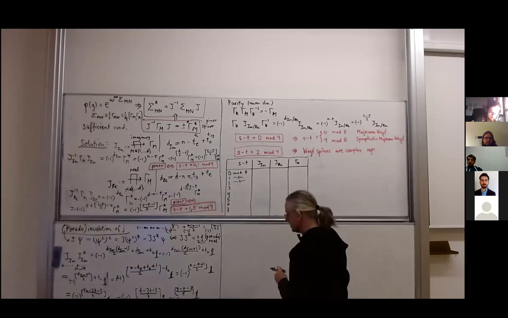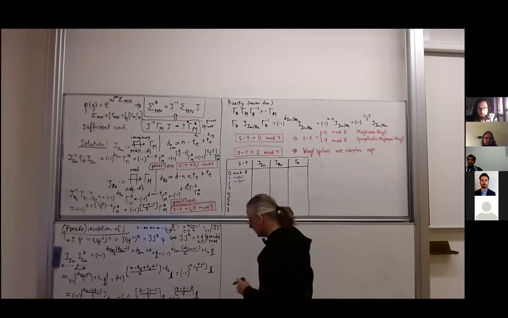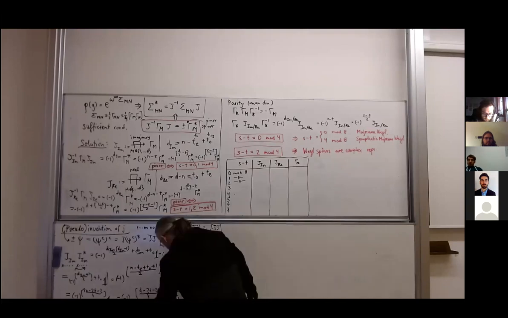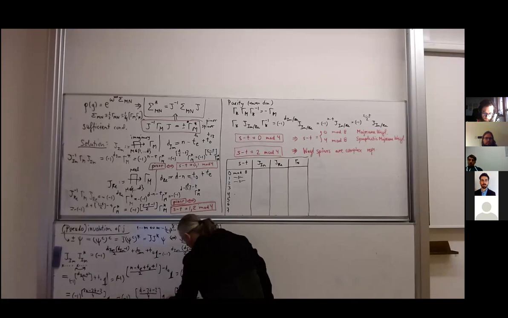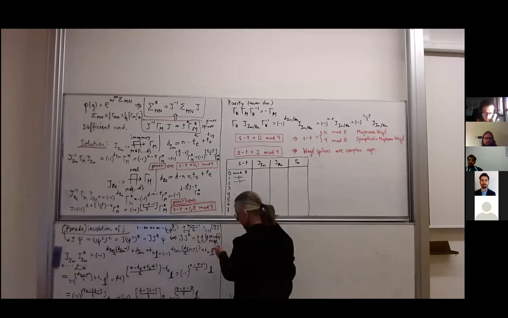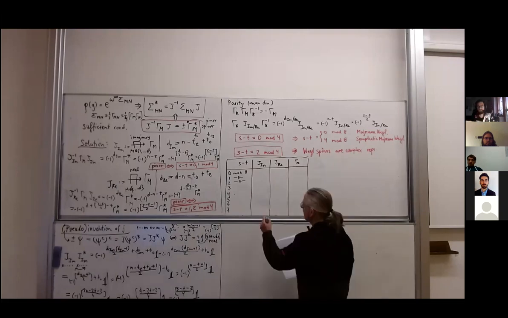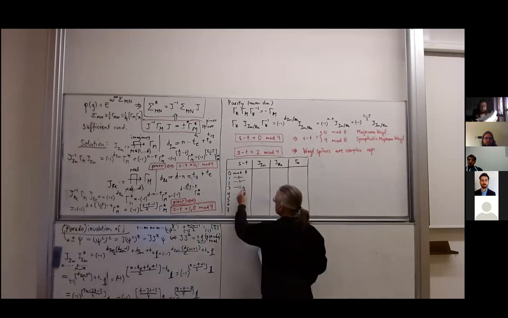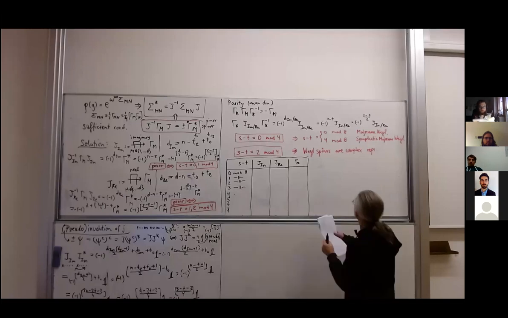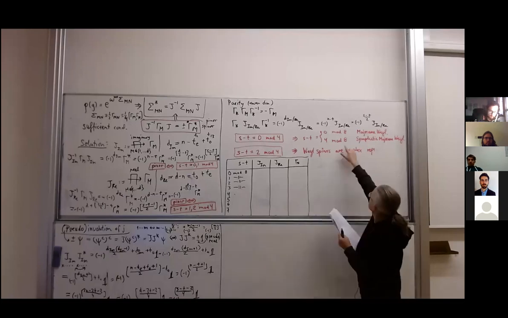So the point is that depending on what this sign is, we either get pseudo-real or real representation here, or symplectic or Majorana. So in the end, I guess maybe I should start with saying, why do we get s minus t equal to 0?